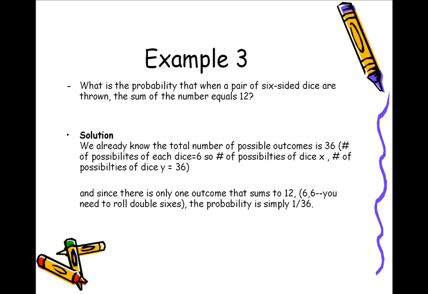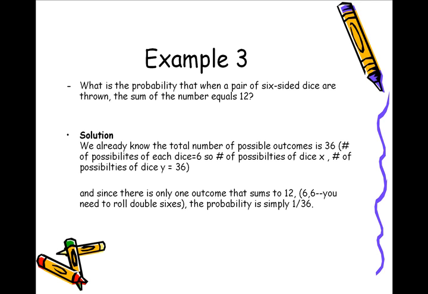And then, since there's only one outcome here, if I was to list it, how many outcomes can you think of that will add up to 12? Basically, there's only one. If you were to roll a 6 in your first roll and a 6 in your second roll, only that single outcome will give you a sum of 12.